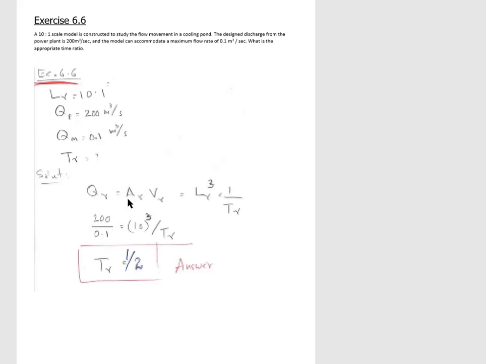AR is LR square, and VR is LR over TR. So I can write this quantity as LR cube over TR. LR I know is 10, and TR I have to calculate. Once I simplify this, I will get the TR. So this is the application of the kinematic similarity.